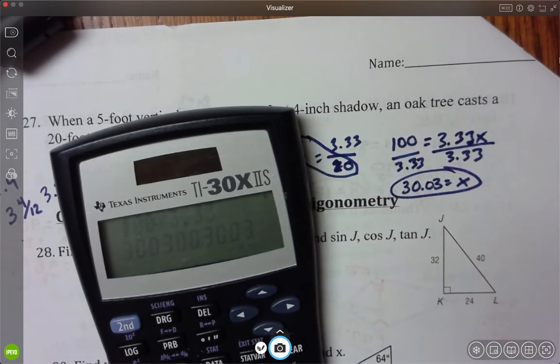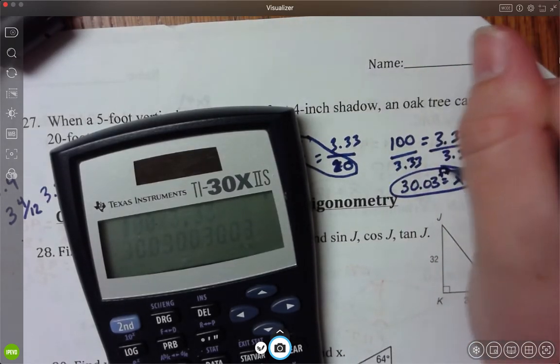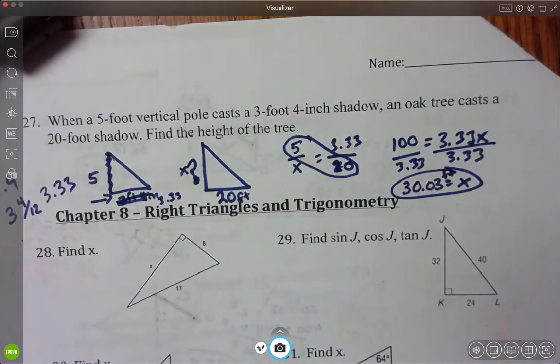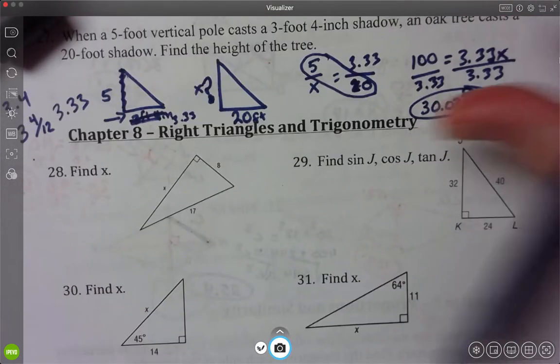That's what the tree will look like. So it's about 30 foot tall. I think if we wouldn't have rounded, we would have gotten 30 foot exactly on the dot, but we'll go with that. Okay. All right.